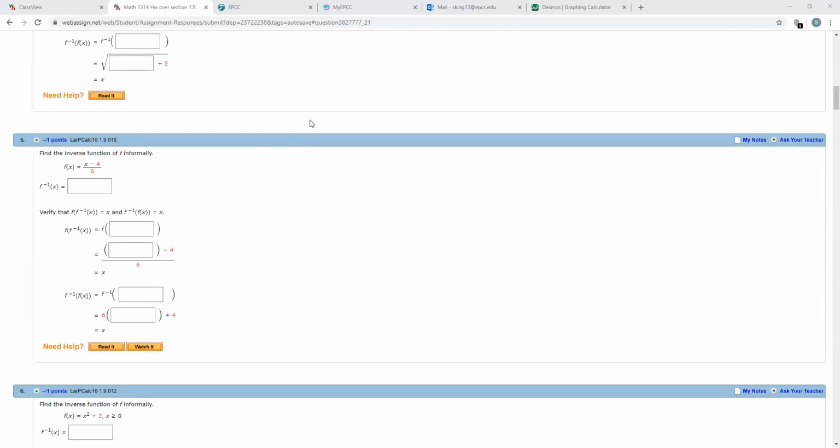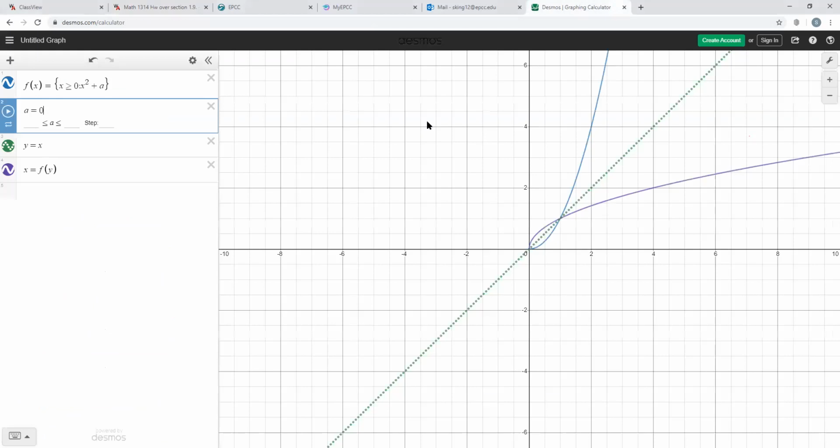Okay. So I'm going to go to Desmos, and I have here some functions already put into Desmos.